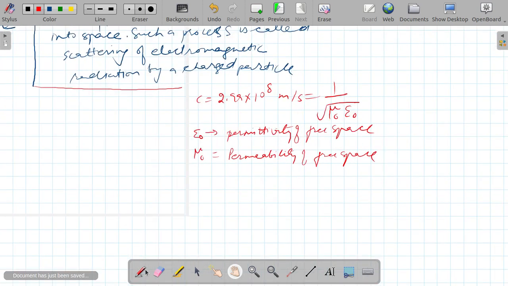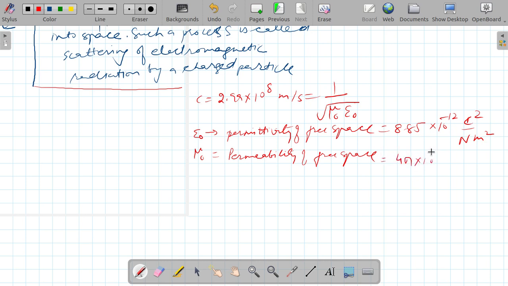Its value is nearly 8.85 times 10 raised to power minus 12 Coulomb square per Newton per meter square, and the value of mu naught is 4 pi times 10 raised to power minus 7 Newton per ampere square.